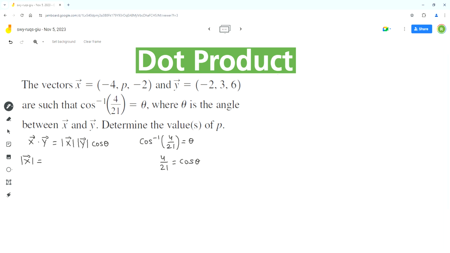So we'll square the components of vector x, add the squares and apply square root to the sum. The negative 4 square is 16.